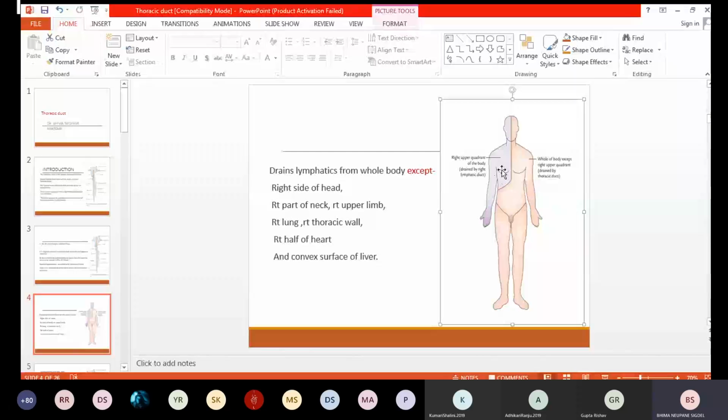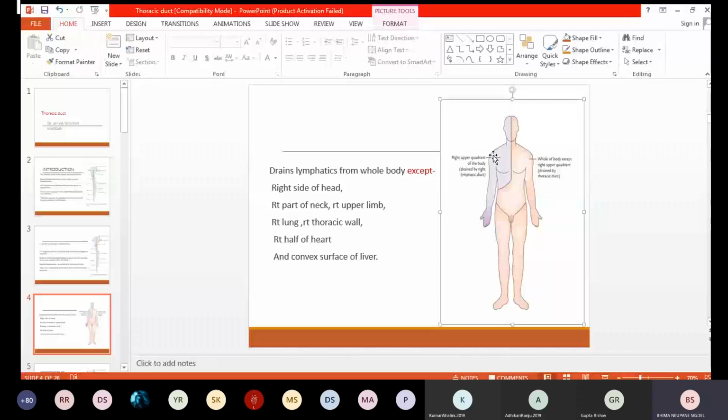Now you have to remember, among abdominal organs, the upper part of the liver is convex, so that part of the liver and the chest, that is the right side of the heart only, and the right lung, all these structures are drained by the right lymphatic duct. Okay, that also drains at the same part, that is, at the junction of the right internal jugular vein and the right subclavian vein.